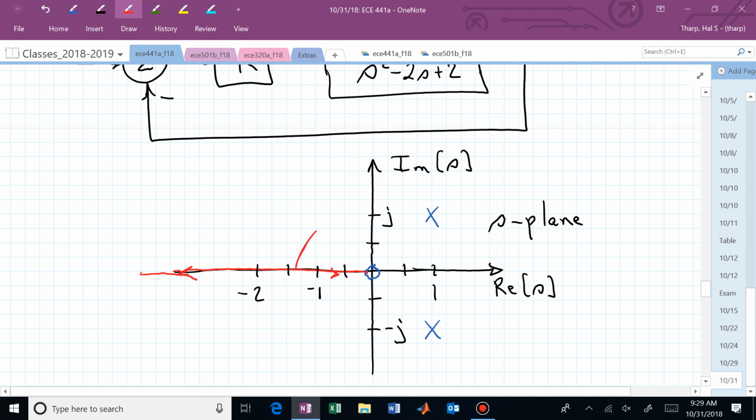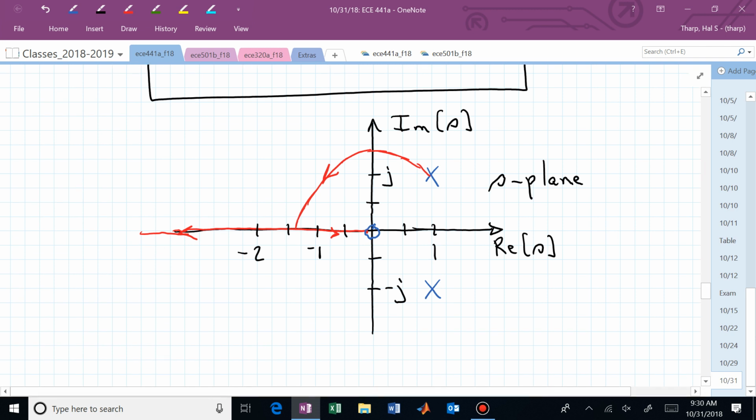Oh, brother, how am I going to do this? That's supposed to be about 1.4. So that should have been a circle. That doesn't look like a circle, but use your imagination. And if you put a mirror up, it reflects exactly the same curve.